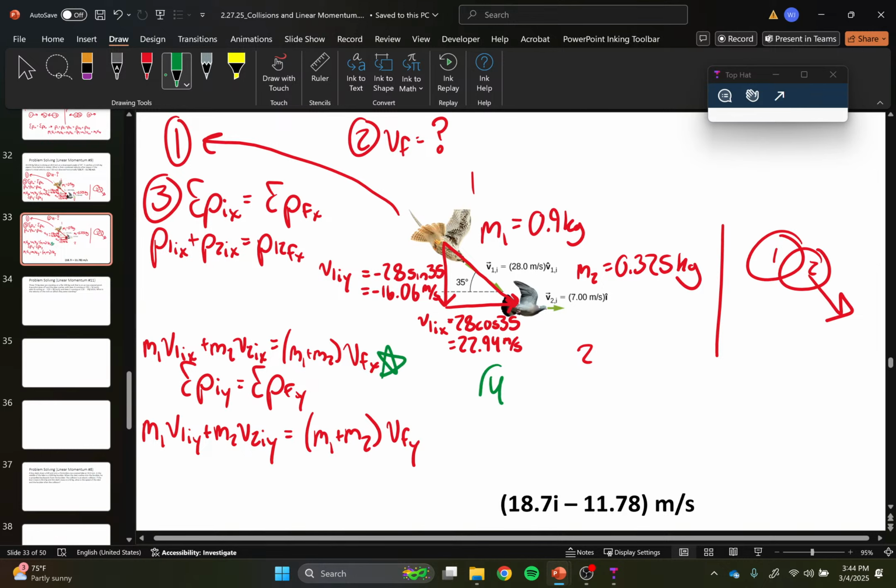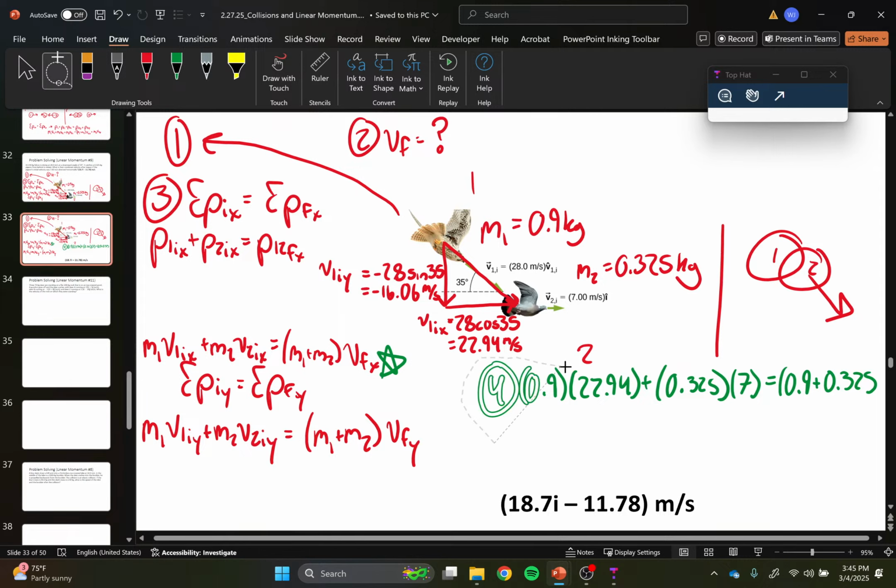So step 4, 0.9 times the initial x component, which is going to be 22.94, plus 0.325 times 7 equals 0.9 plus 0.325 times the velocity final.